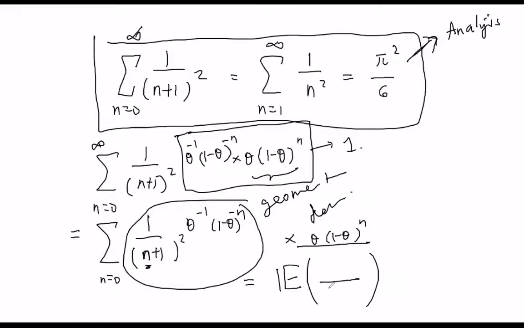So you could write this as x plus 1 squared, minus x, okay? Then where my x is having this density, okay?